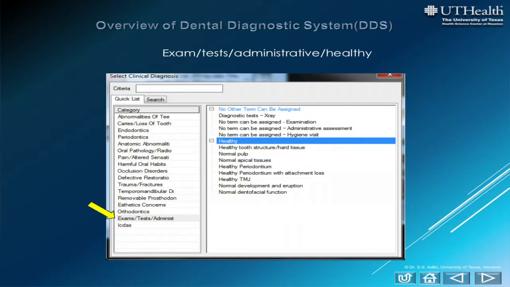This category is the exam, test, administrative health category, which is divided into two subcategories: no term can be assigned, and healthy.